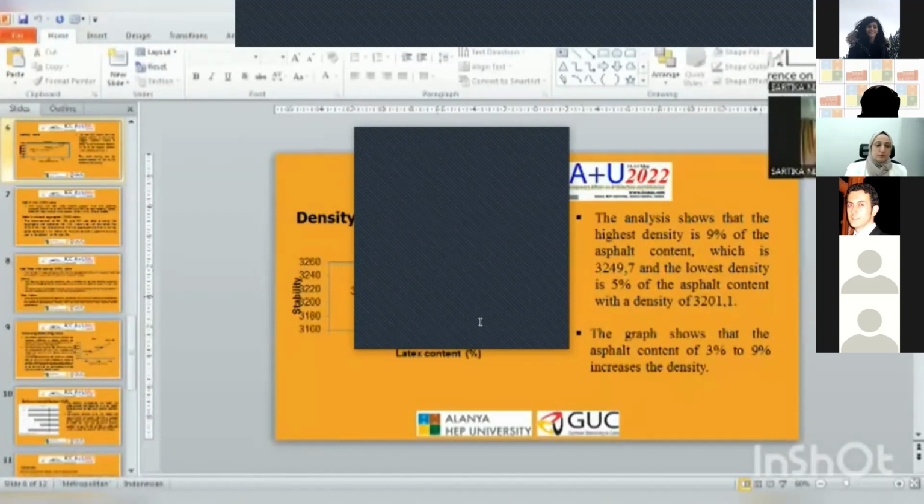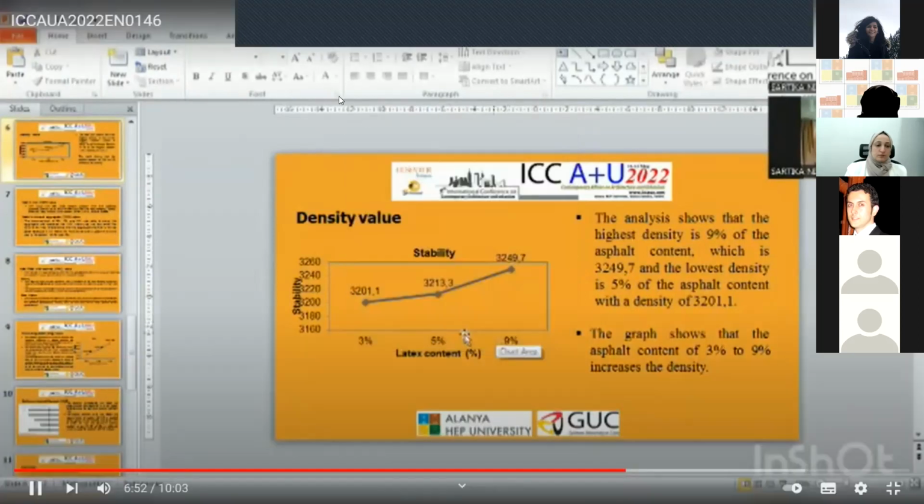The graph shows that asphalt content of 3% to 9% increases the density.